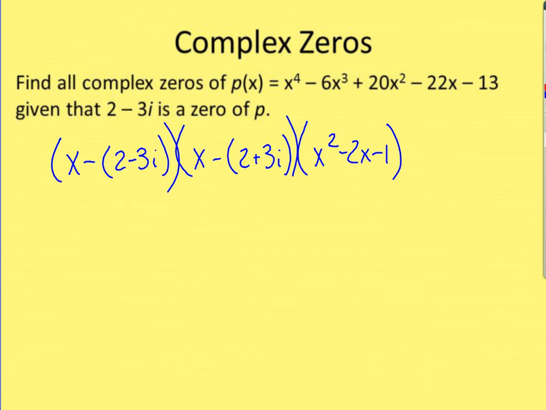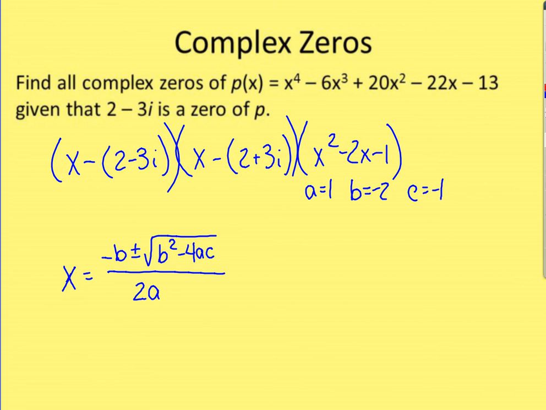So we are going to have to use the quadratic formula, or you can use the quad form on your calculator. So our a value in this case is 1, our b value is negative 2, and our c value is negative 1. If you remember your quadratic formula, we know that x is equal to negative b plus or minus the square root of b squared minus 4ac all over 2a.